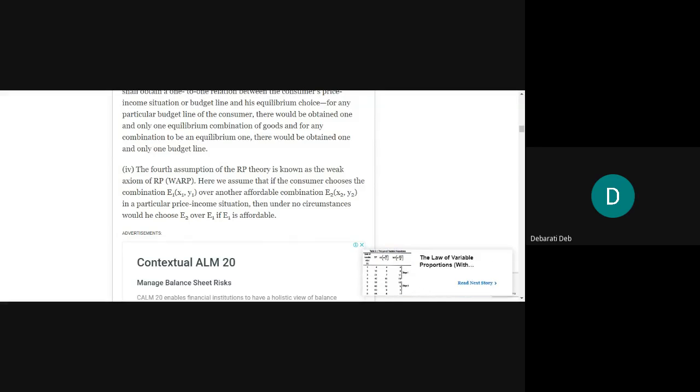Here, what we had assumed is that if the consumer chooses the combination, say E1, over another affordable combination, say E2, in a particular price income situation, then under no circumstances would he choose E2 over E1 if E1 is affordable. So this was the weak axiom.